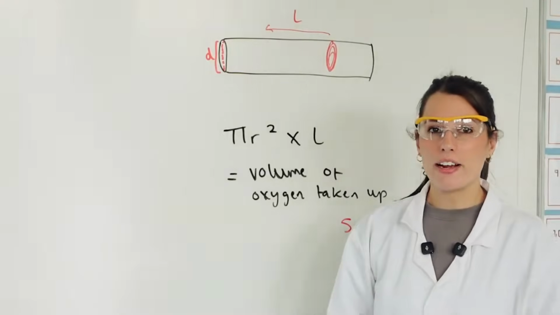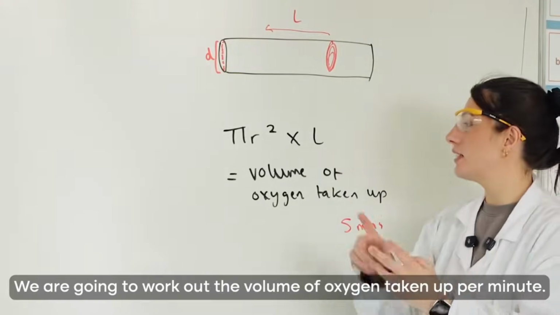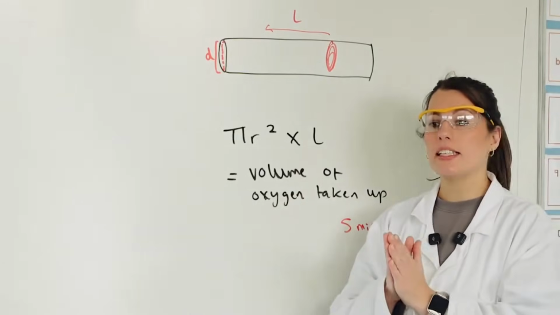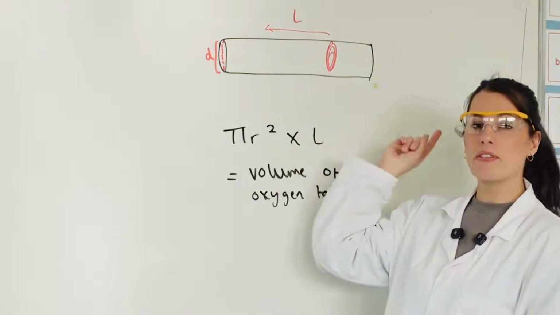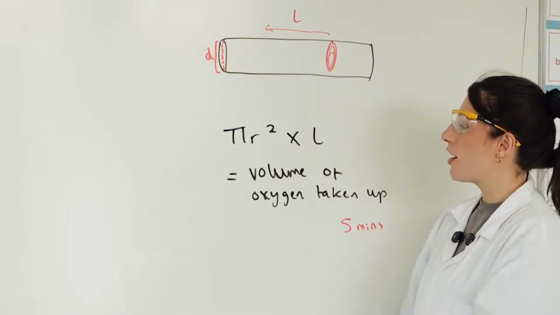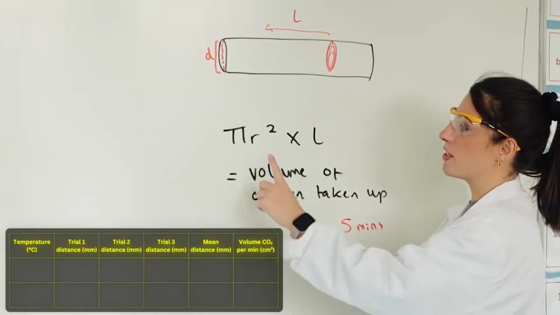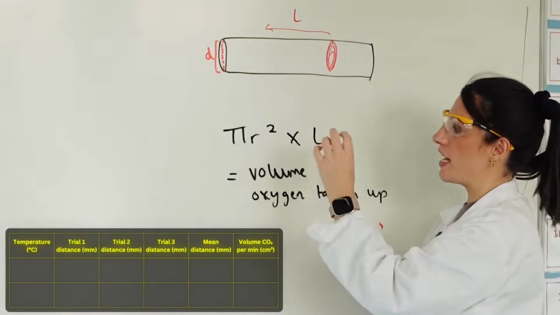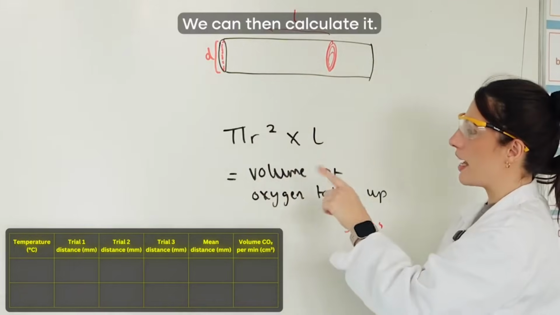So to then work out the rate of respiration, we are going to work out the volume of oxygen taken up per minute. So let's say we did leave it for 5 minutes and we recorded the distance that coloured drop of liquid moved. We will then know the volume of oxygen taken up, because if we can work out the volume in that cylinder of oxygen that has moved into the yeast, we can then calculate it.